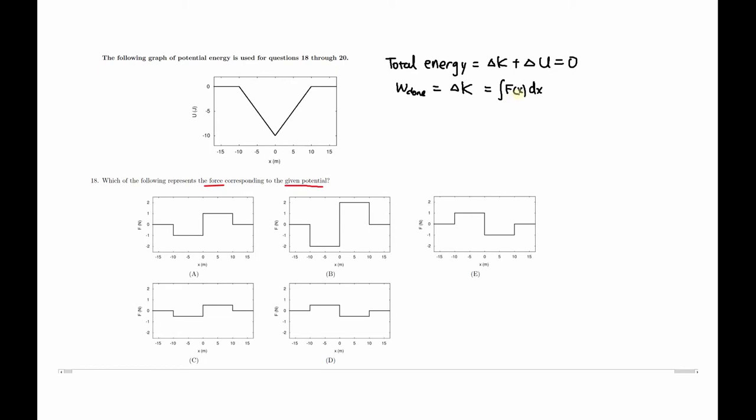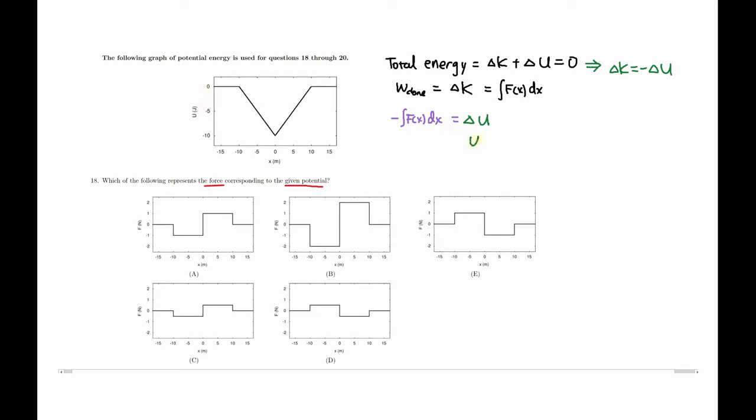So if I rewrite this in terms of delta U, I get delta K equals negative delta U, and I'm going to use the integral of f of x dx instead of our delta K. We have f of x dx, and I'm also going to multiply by negative on both sides so that I have just delta U. This shows change in potential energy, but we're going to set the initial potential energy to be 0.